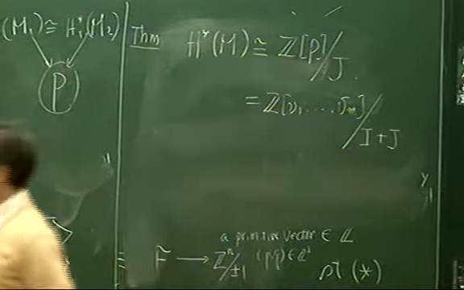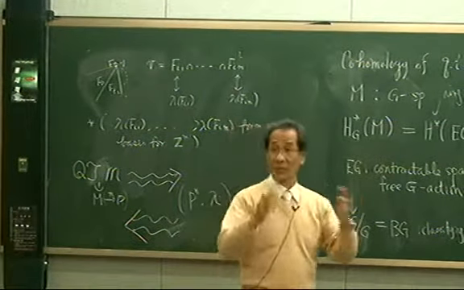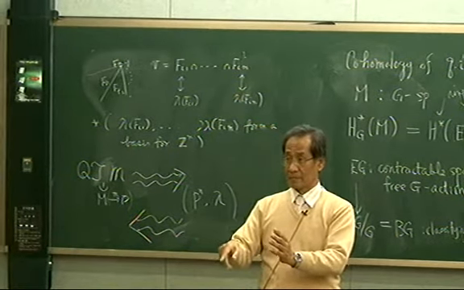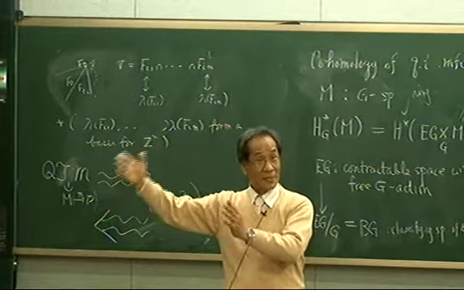Here, I defined the characteristic function for a quasi-toric manifold. You have m n-dimensional integral vectors.